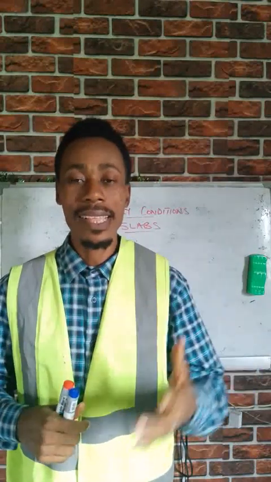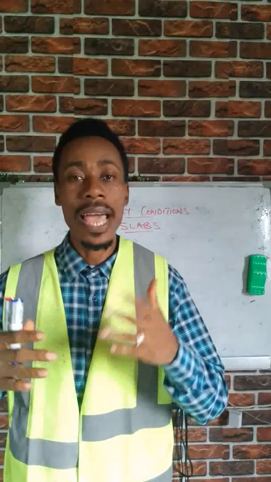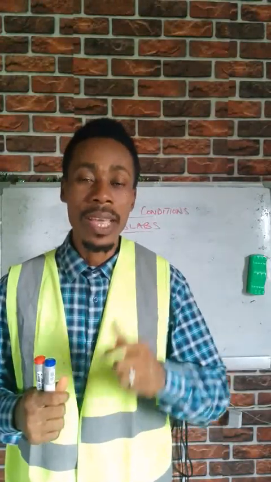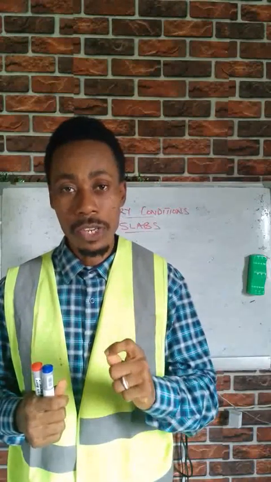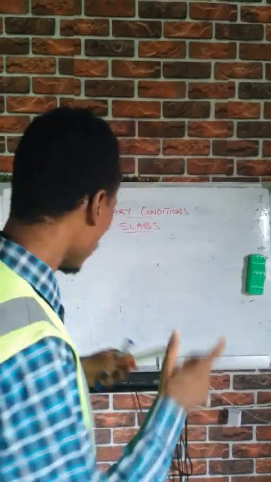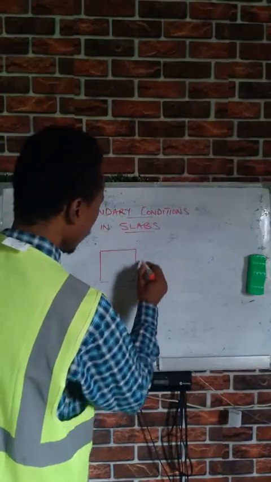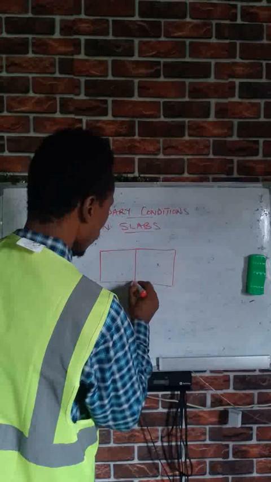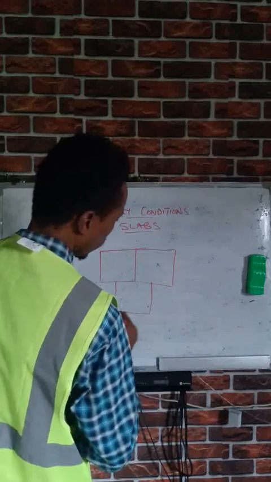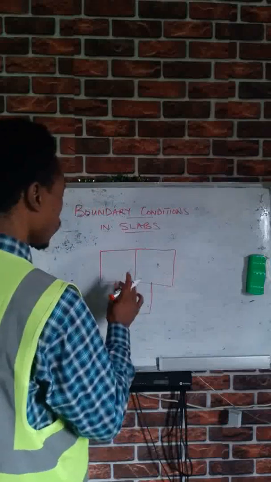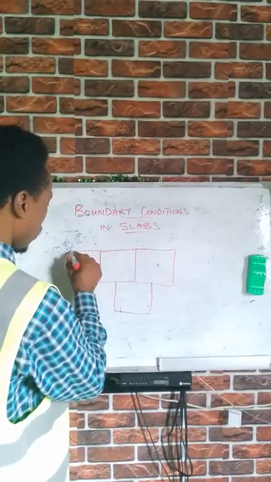Having identified these various panels based on their Ly/Lx ratio, the next thing you have to understand is their boundary condition. For example, let's say we have a building in this form, and another this way.